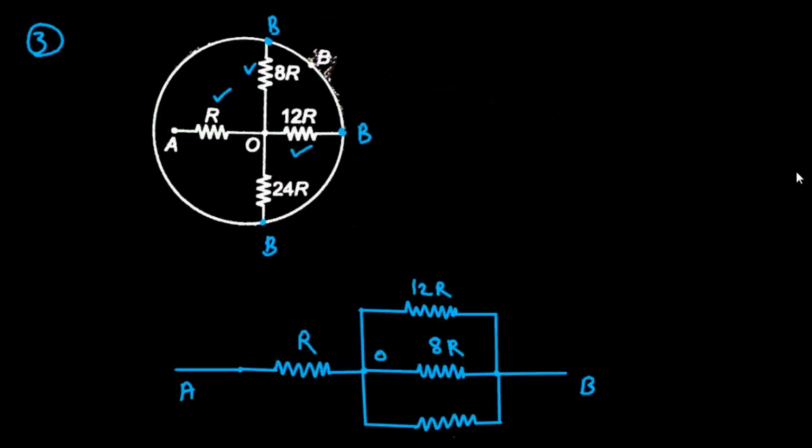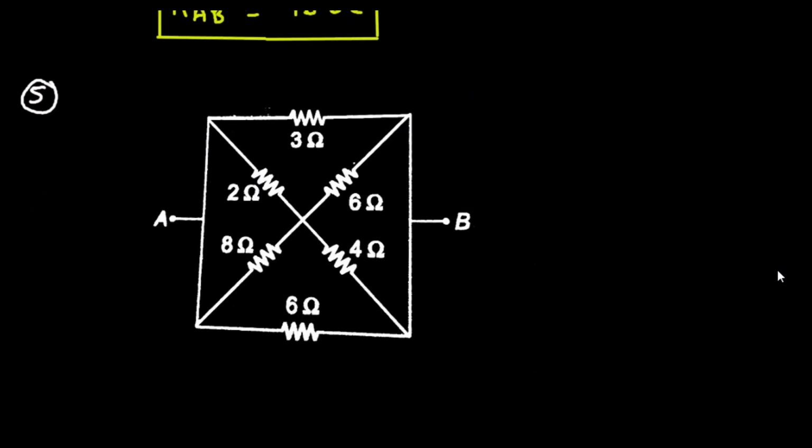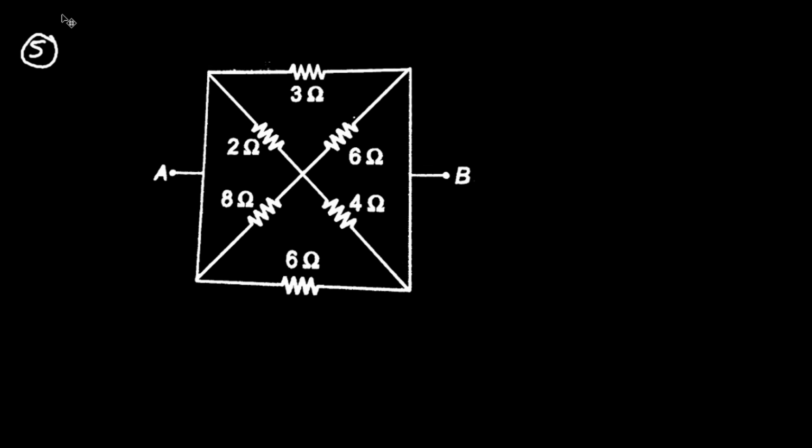Now next, to solve this problem number 5, let's say this is terminal A, and here also this will be node A, and here also this will be node A, and here this is B, so this will be B and here also this will be B. Now here let's assume this node as node O for simplification.